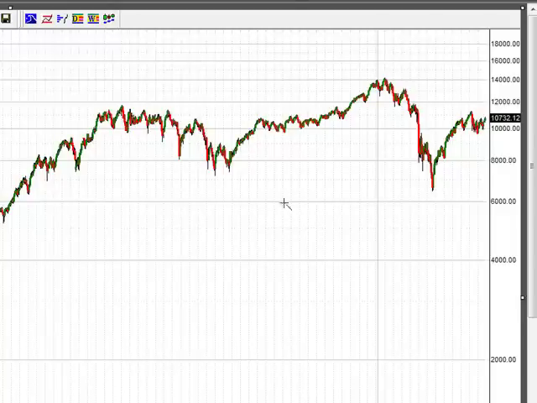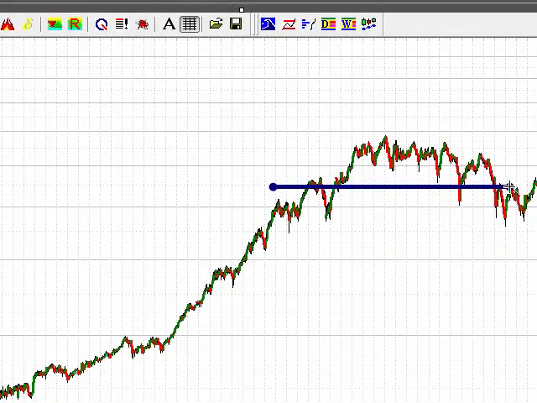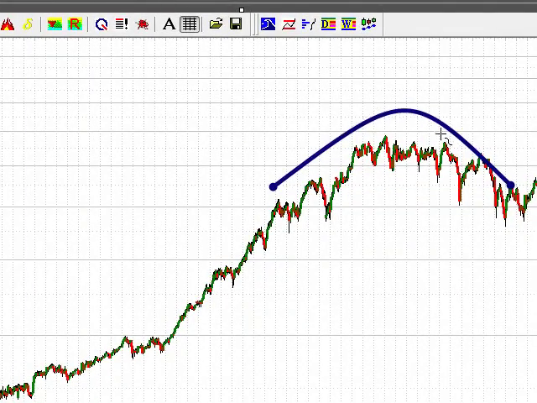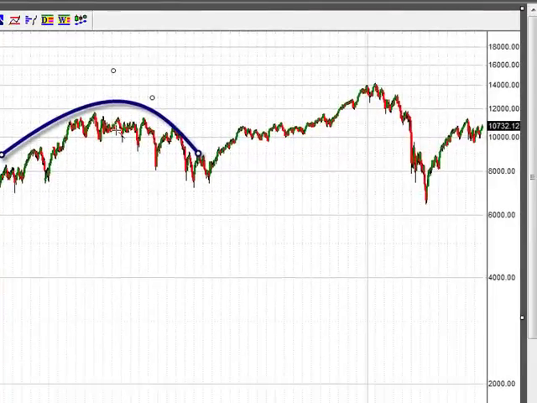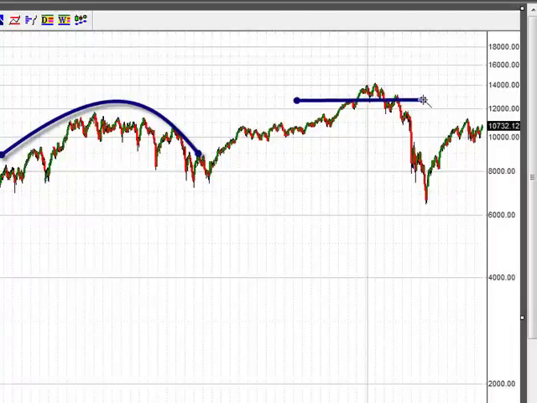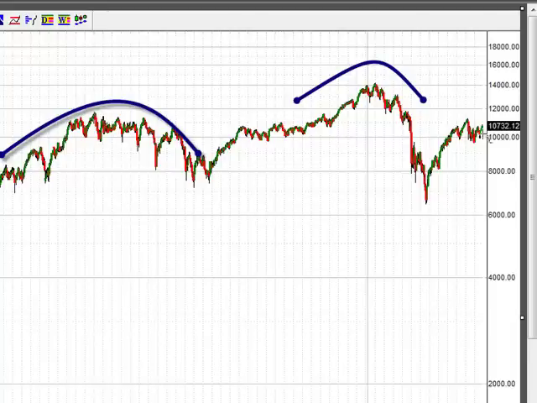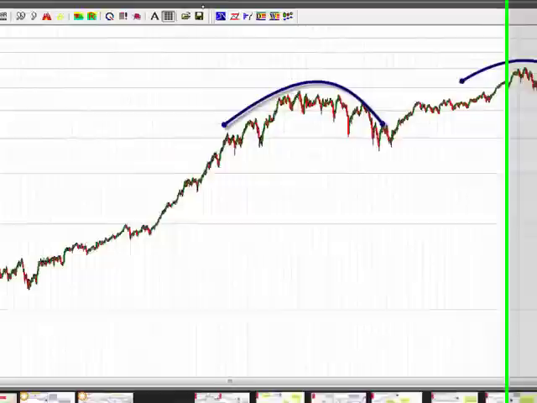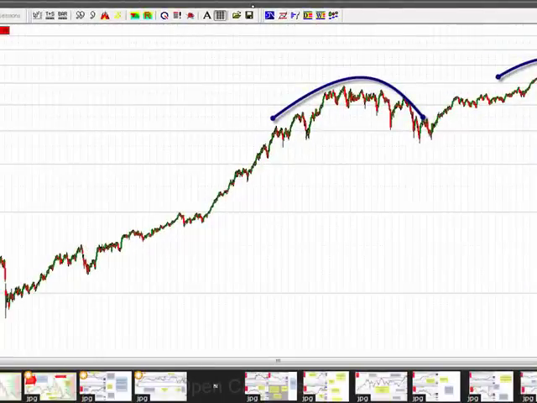If you can't see it, I'm going to show you where that head and shoulders formation is here. So here's our left shoulder, here's our head, which is much higher than the shoulder, and now we're coming up to a right shoulder being formed.